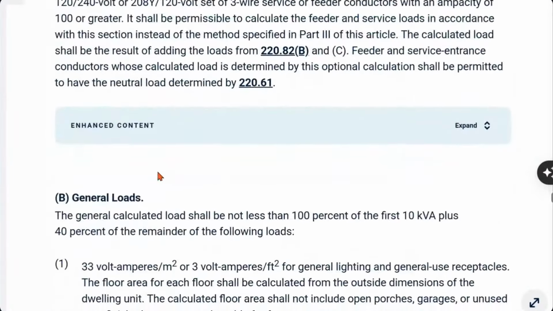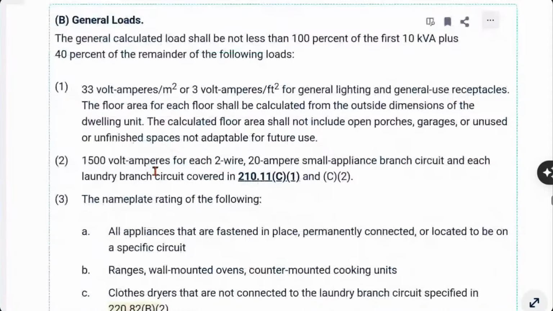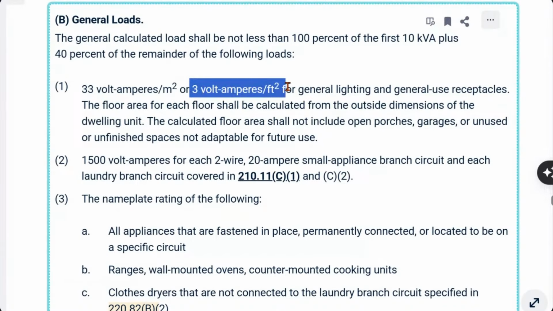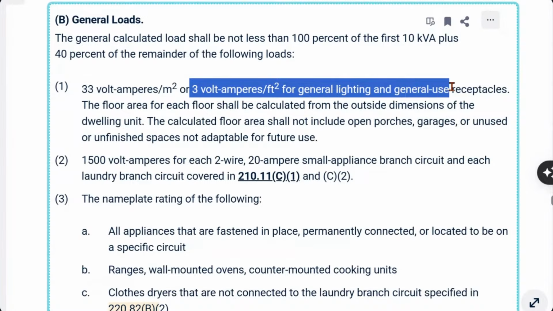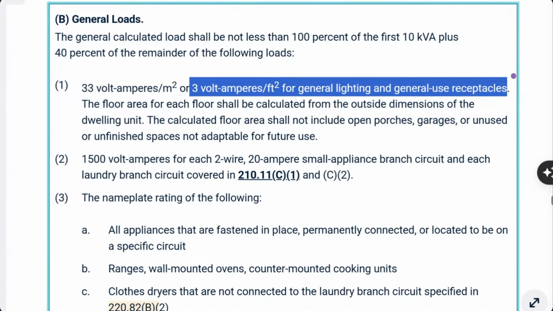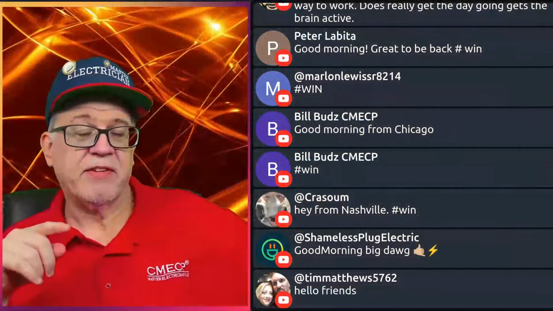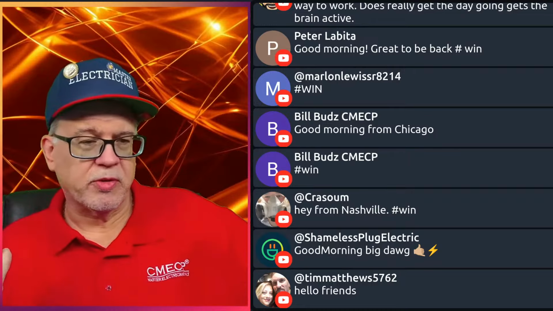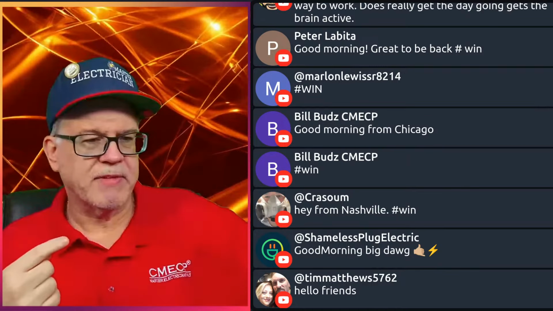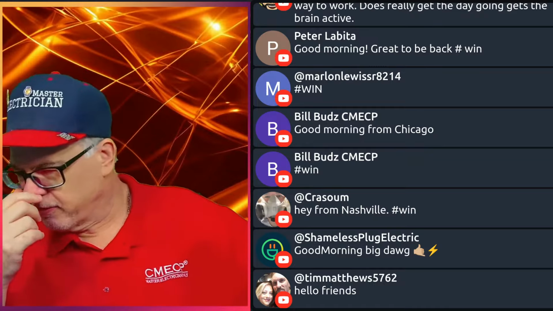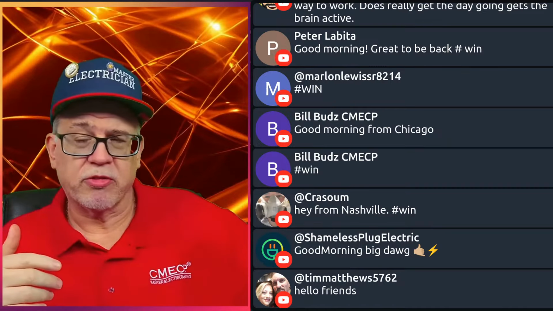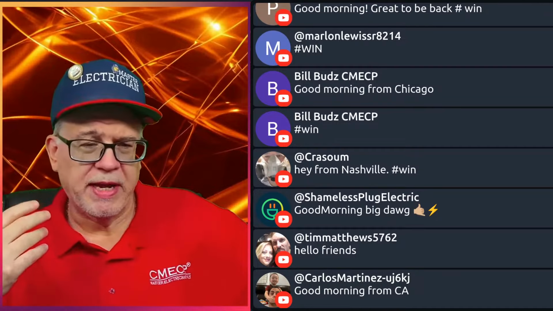Okay. All right. So here's where we're at when you're calculating. The first thing you'll see right here, number 1, here's your 3 VA per square foot for the general lighting and general use. So what is that basically covering? That's basically covering all of the receptacles that are going to go around your living room, the receptacles in the bedroom, receptacles in your basement.